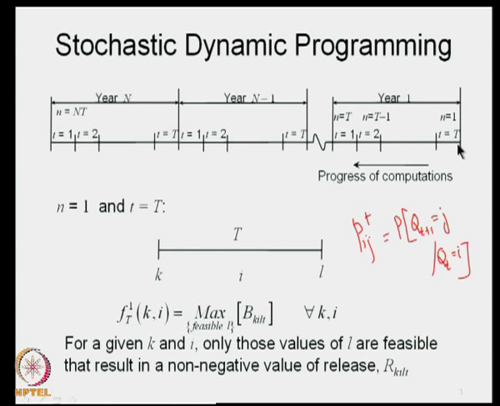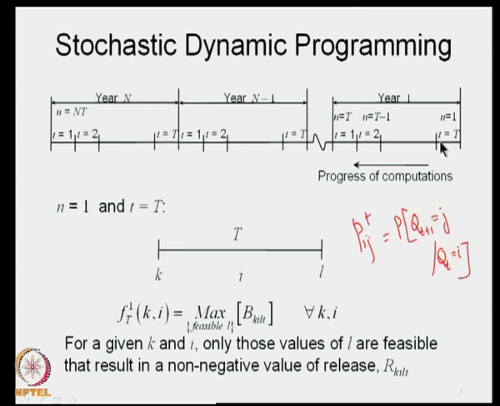So, when we start in a particular period far into the future and we progress backwards in the backward direction, we say year number 1, year number 2, year number 3, etc., as the computations progress.